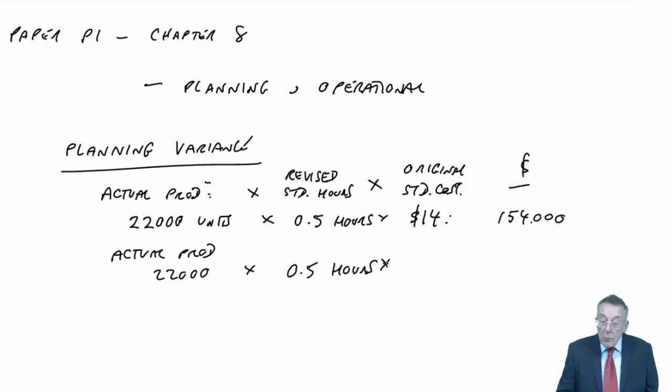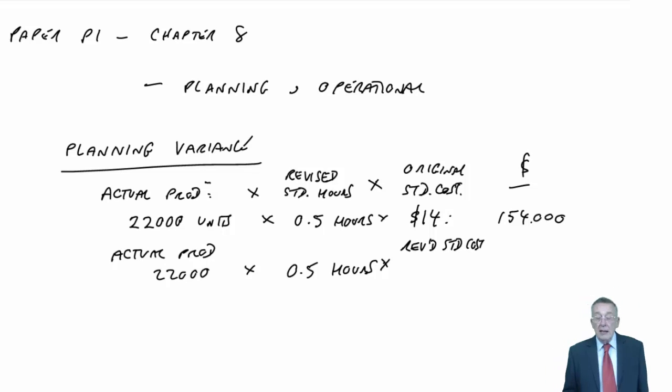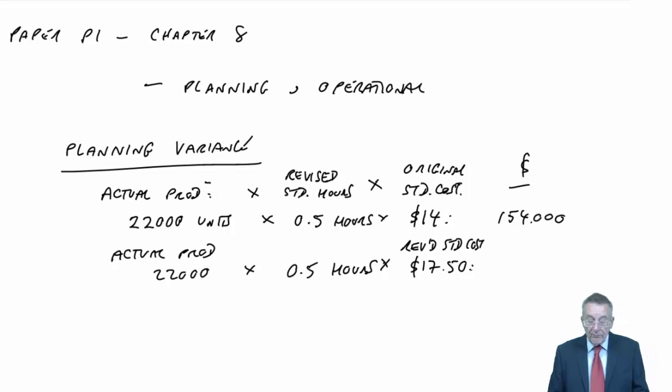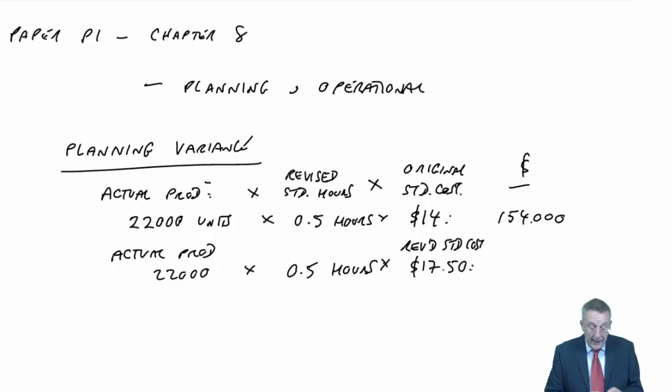But we revise the standard cost. Not worried about what actually ended up happening, but had we known, we'd have revised it to this new rate of 17.50, which would therefore have led us to expect to pay 192,500.